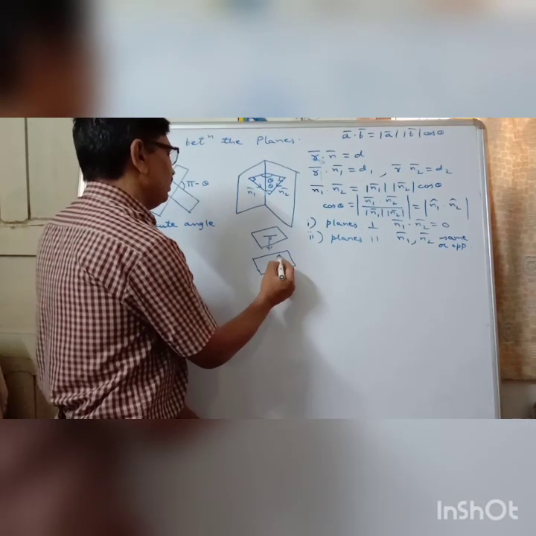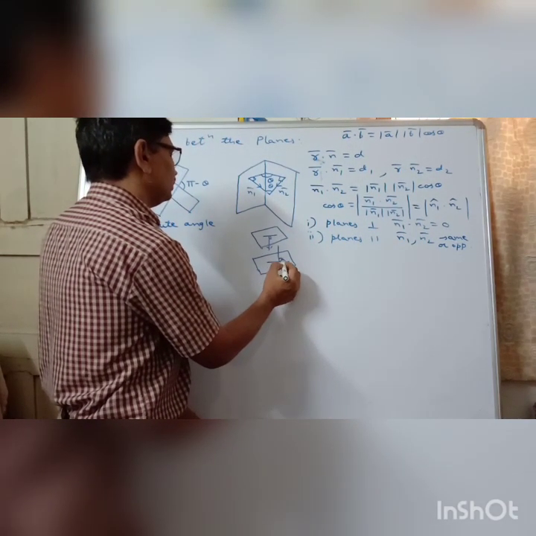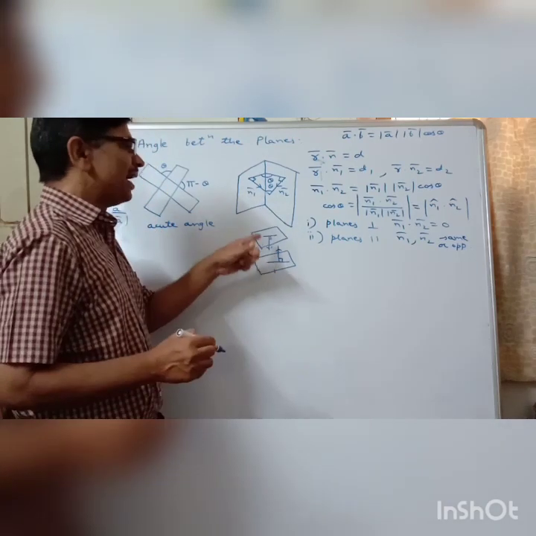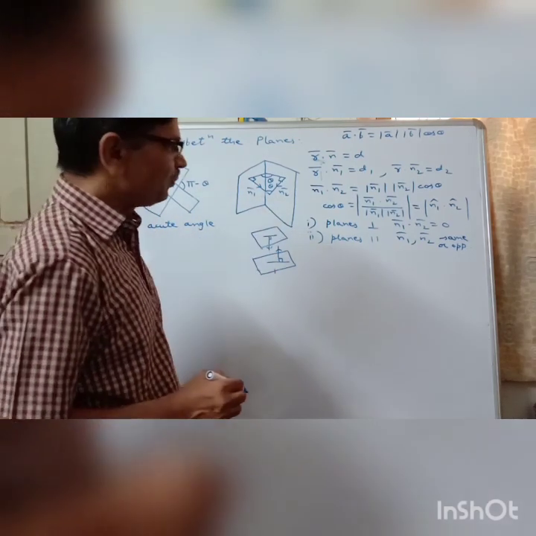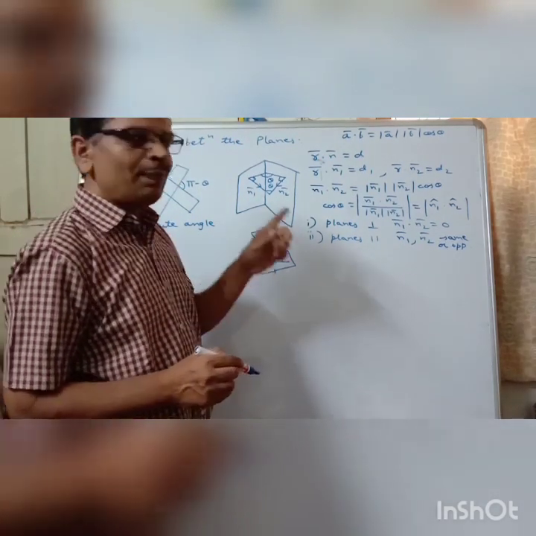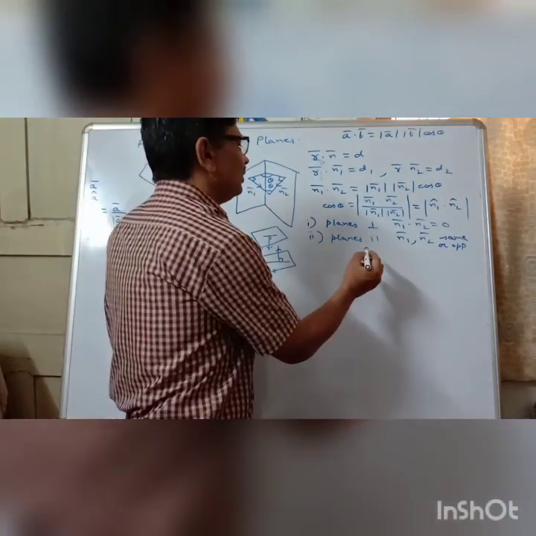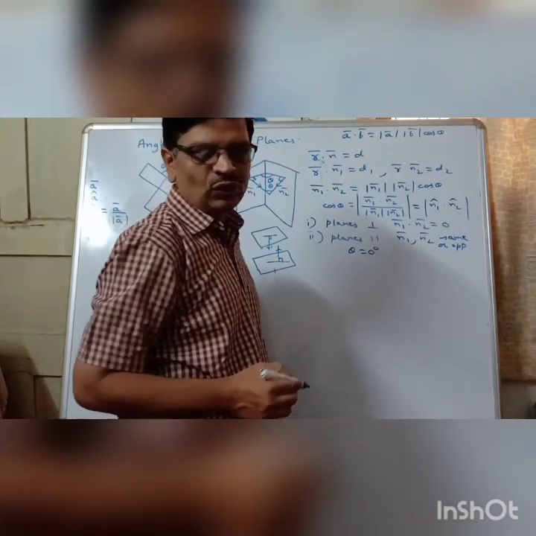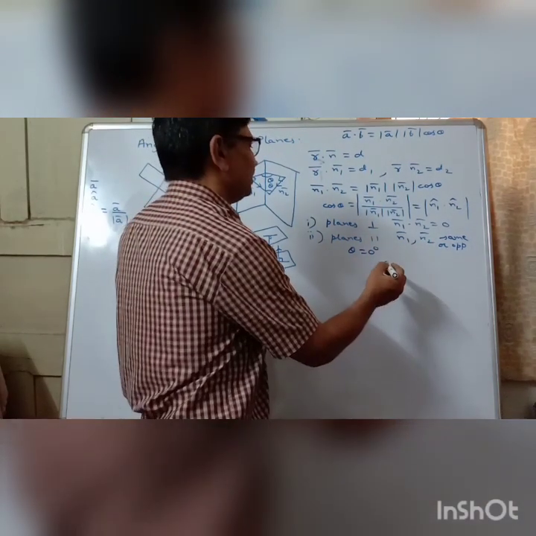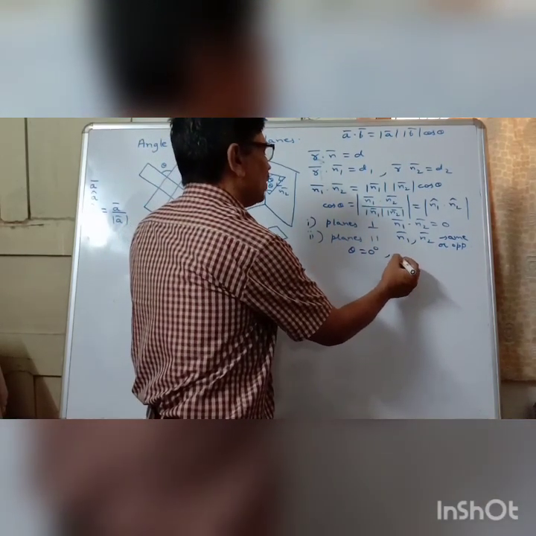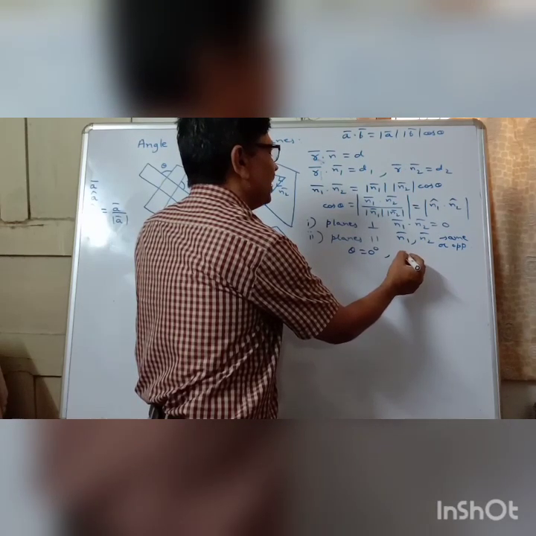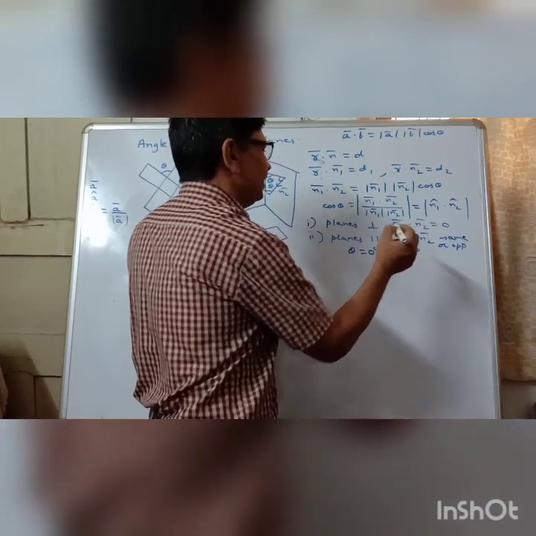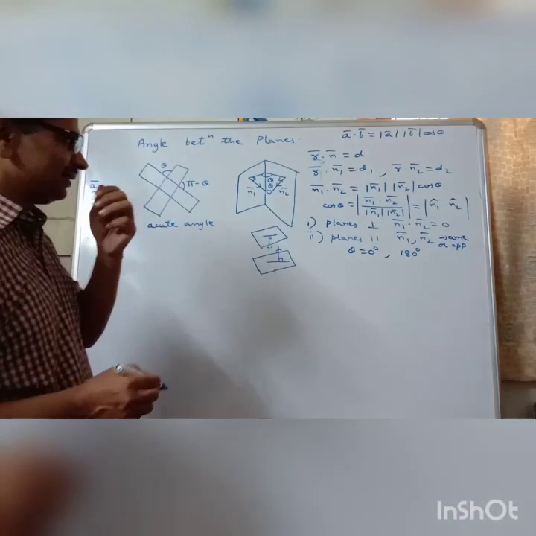Here the normal may be like this also, so the directions are opposite. If the directions of N1 bar and N2 bar are the same, in that case theta equals 0 degrees or 0 radians. If directions are opposite, then theta equals 180 degrees or pi radians.